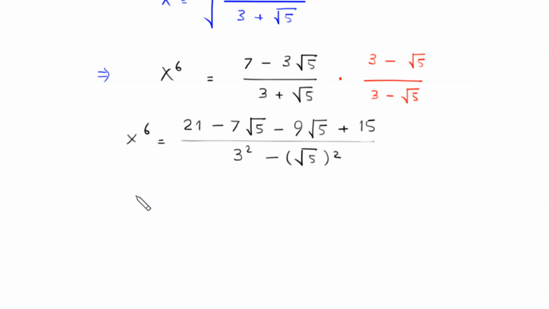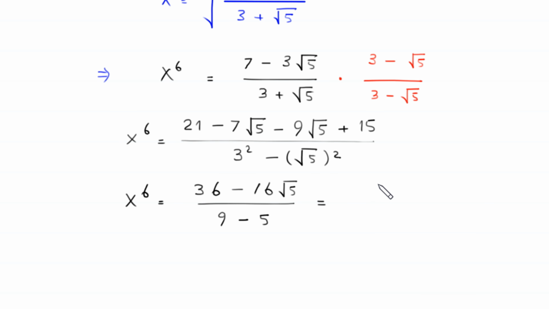So x to the power 6 is equal to 21 plus 15, which becomes 36, and negative 7 root 5 minus 9 root 5 becomes negative 16 times root 5, divided by 9 minus 5.